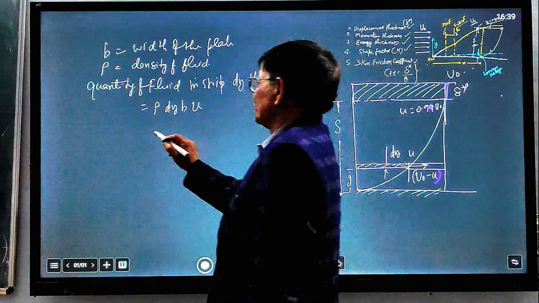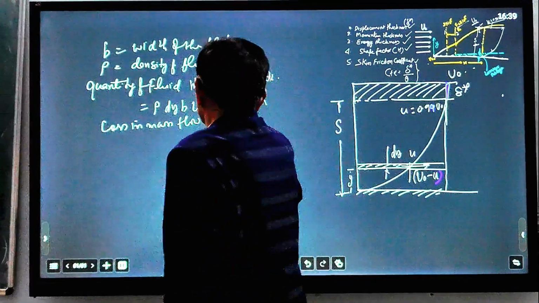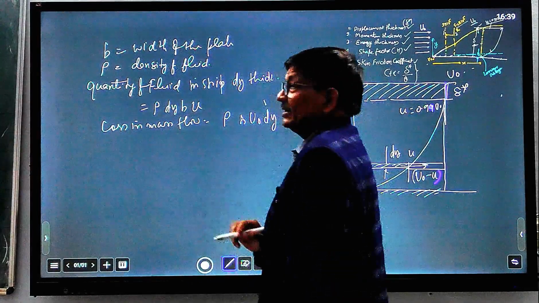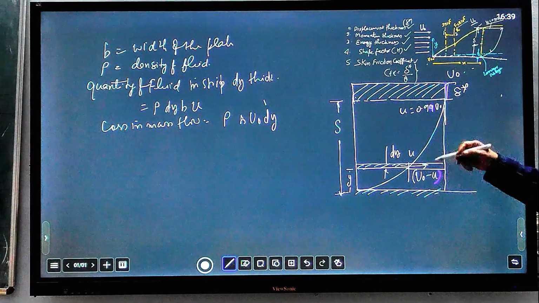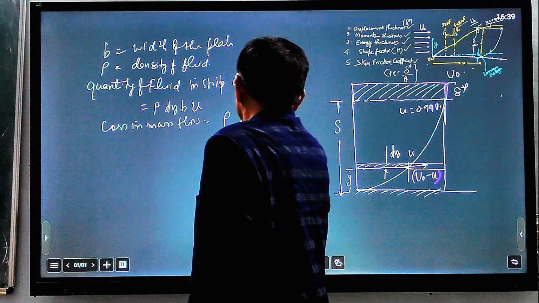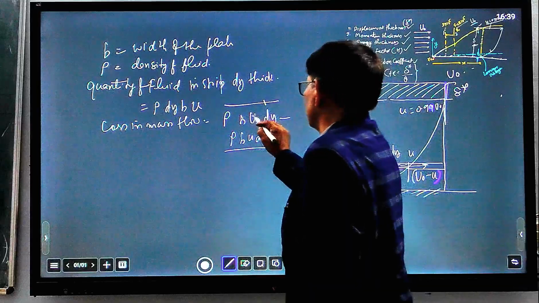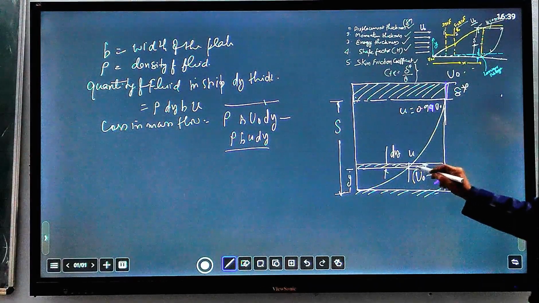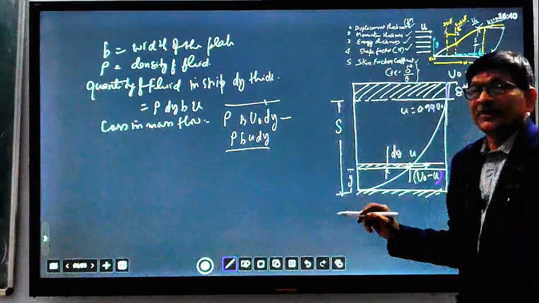So the loss in mass flow is equal to rho b u naught dy, because in absence of boundary layer velocity would have been u naught, minus the actual rho b u dy. If this is the actual mass flow, then in absence of the boundary layer the amount of fluid flowing is rho b u naught dy.